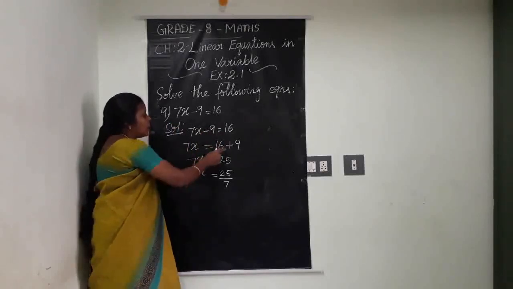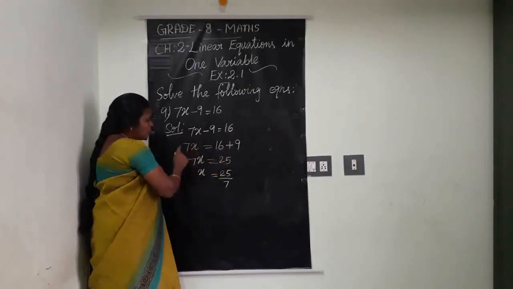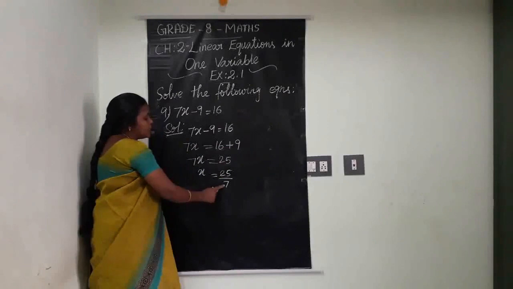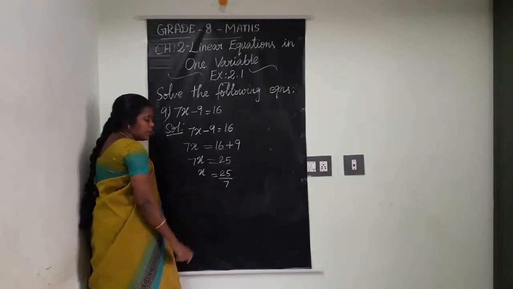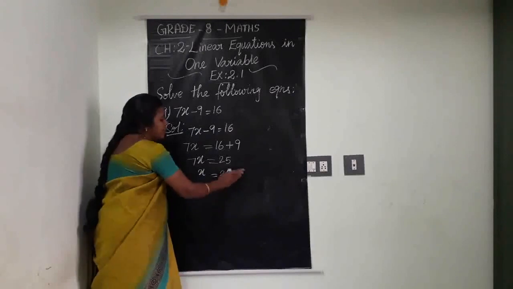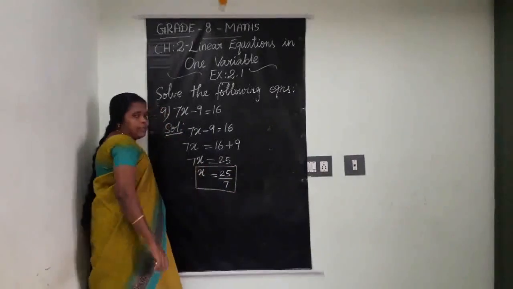Okay, so 16 plus 9, 25. If you watch here, 7x is 7 into x, so a multiplying number is coming here. To shift that term to the opposite side, it goes to division, multiplication's opposite is division. Clear? Don't write casually like this or like this; this is wrong. So here 1x value is 25 by 7. Clear, children?